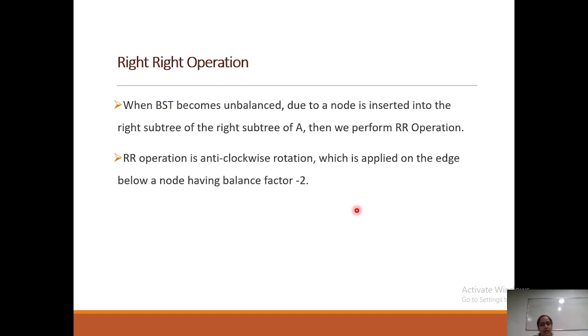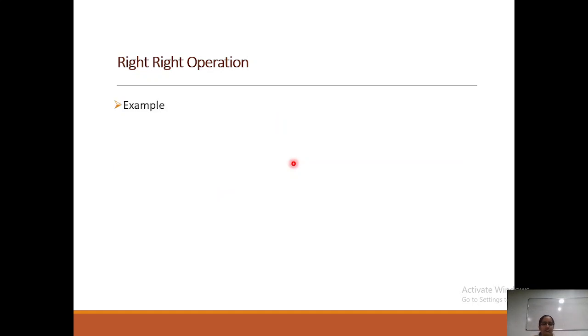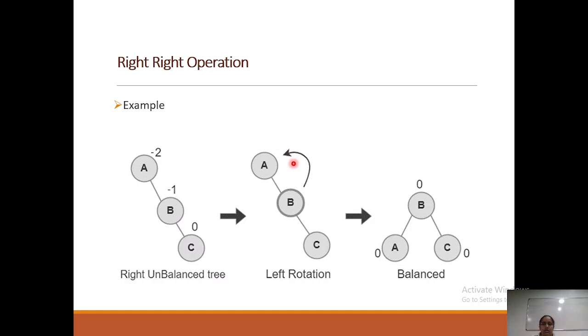This is exactly opposite to the LL operation: it performs an anti-clockwise rotation, which is applied to the node having balance factor -2. We'll see one example of the right operation where a node C is to be added to the right of root node A. So a node is to be added at right of right.